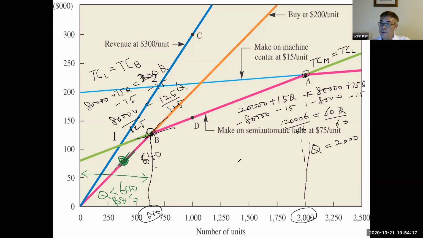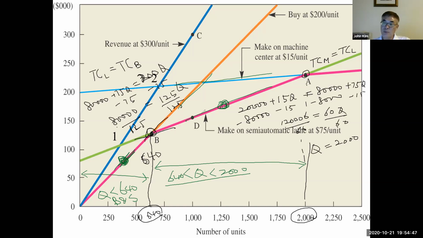If forecasting demand is between, Q is between 640 and 2,000, among the three, this option is the lowest cost option.